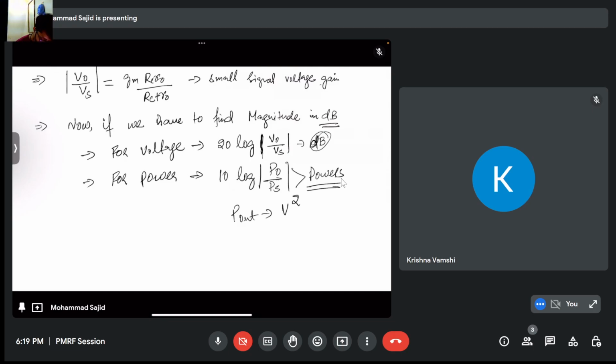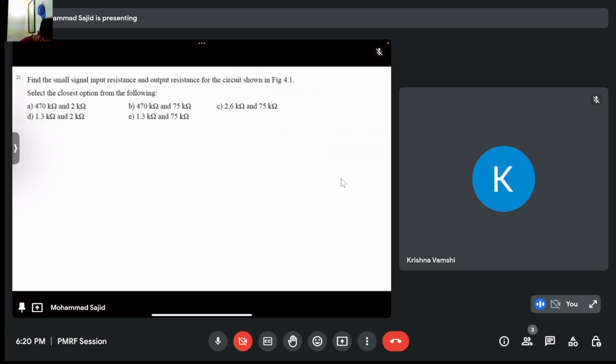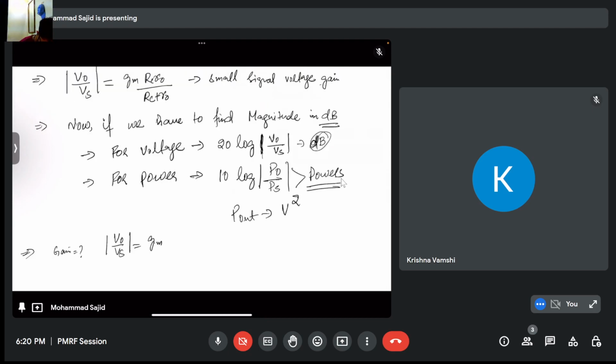Now for this question we have to calculate this gain. So for that, what do we need? We need Gm, we need R naught, right?